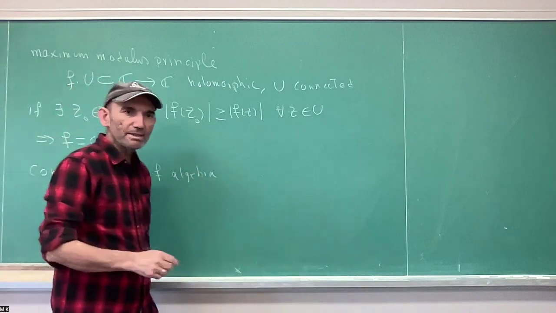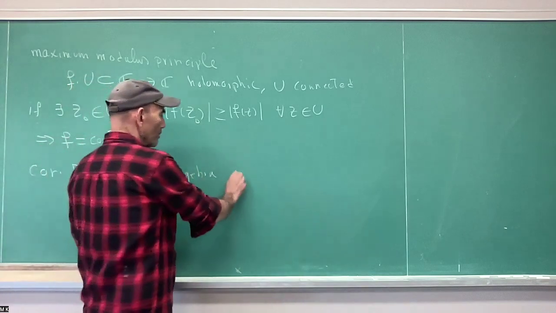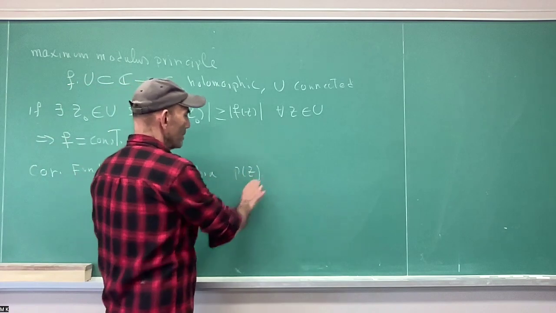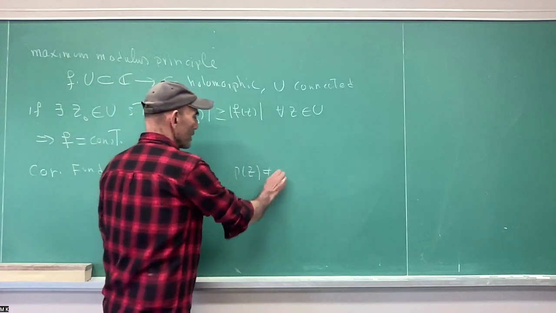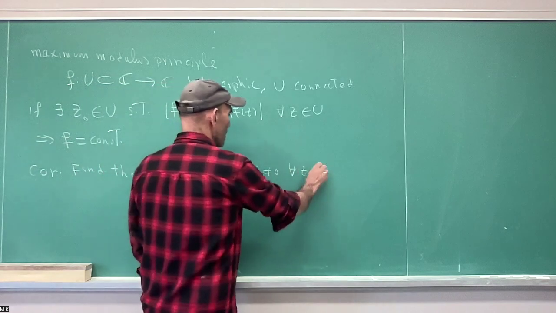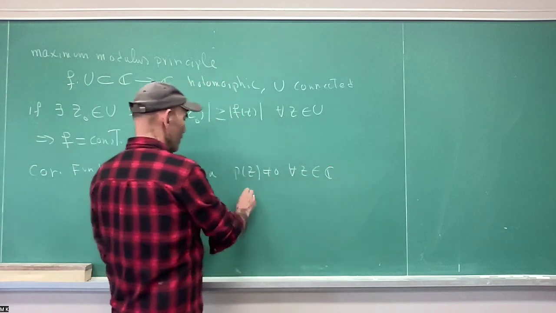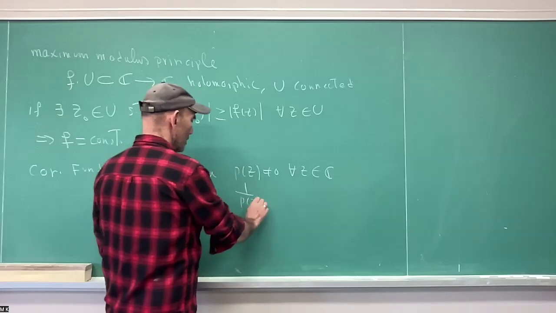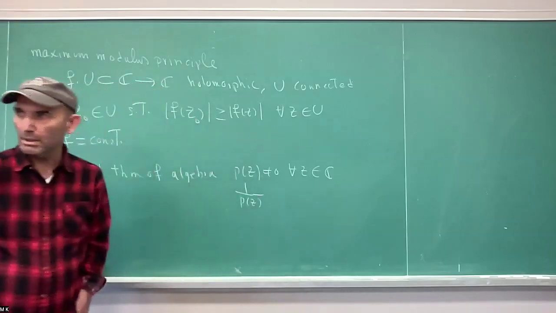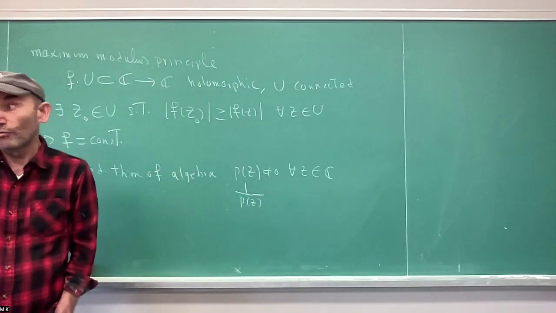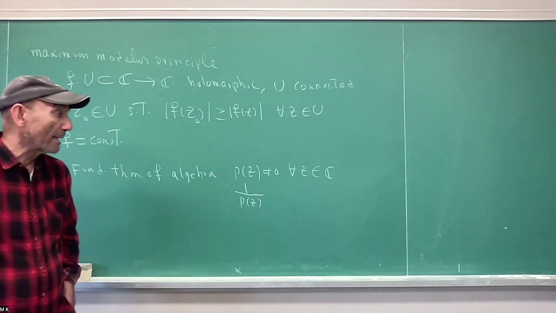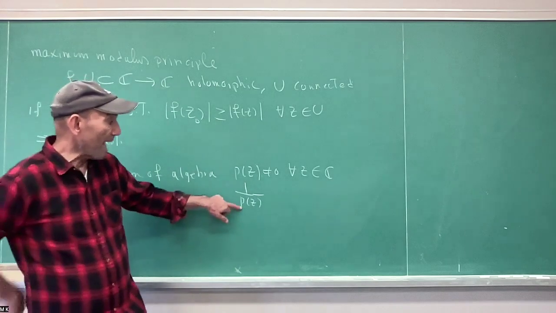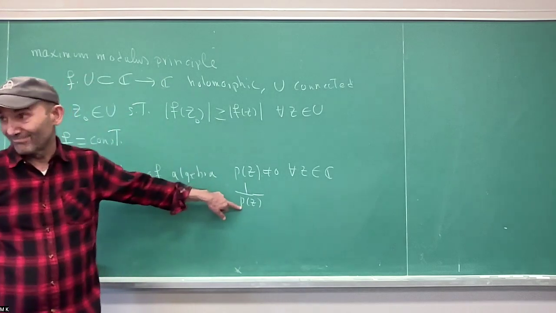So the idea is that if you have a polynomial p of z which is different from 0 for all z belonging to C, you look at 1 over p of z. This is a holomorphic function on C. And now you see that at infinity, this goes to 0.